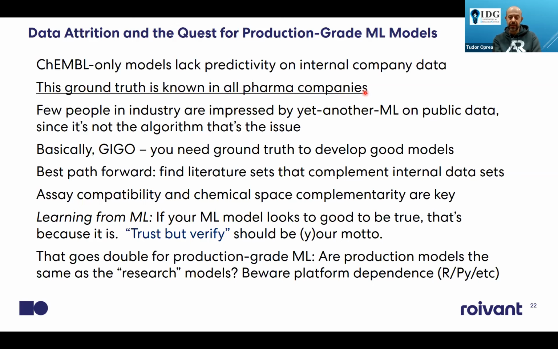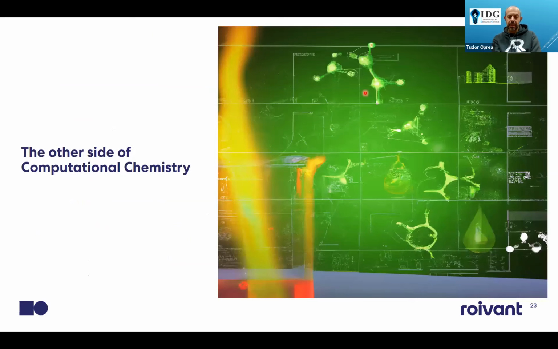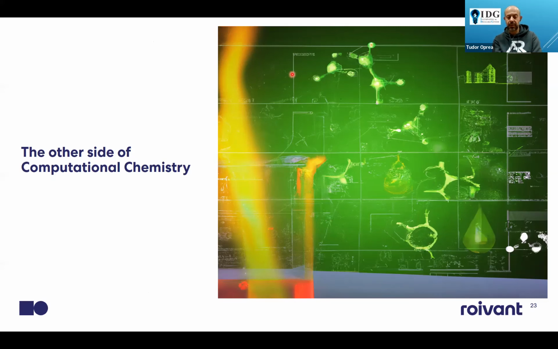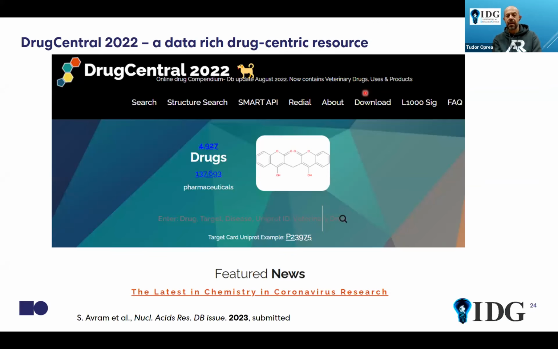So I'm going to spend the last part of my talk discussing the other side of computational chemistry. Most of you associate computational chemistry with quantum mechanics or molecular mechanics. I'm just going to mention a retrosynthetic analysis based on Drug Central. The paper has just been approved. It should be out online in a few days.